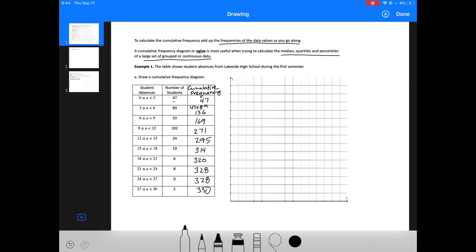So then the next thing that we're going to do is draw a cumulative frequency diagram by putting those values onto the graph. The first thing that we want to do is start by labeling our axes. So let's go up here. We're going to go up by 25s on our y-axis.